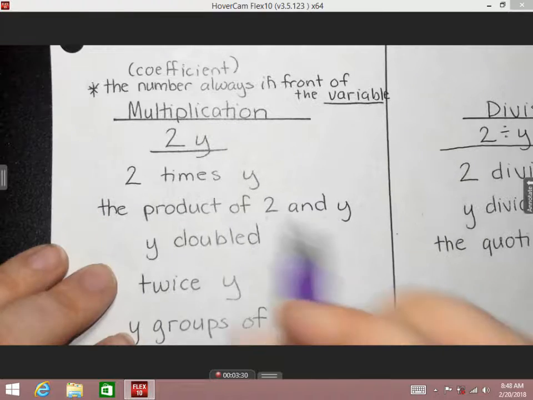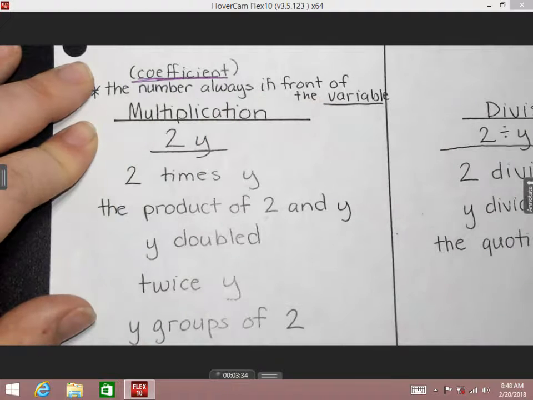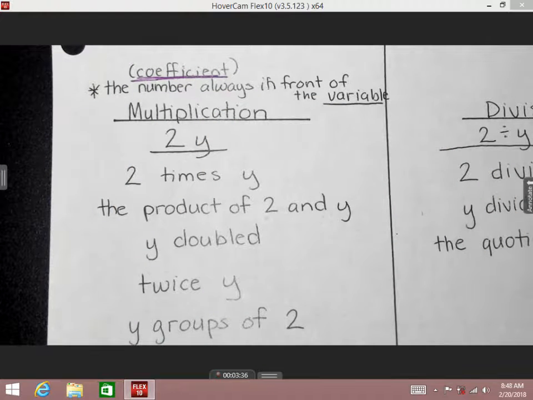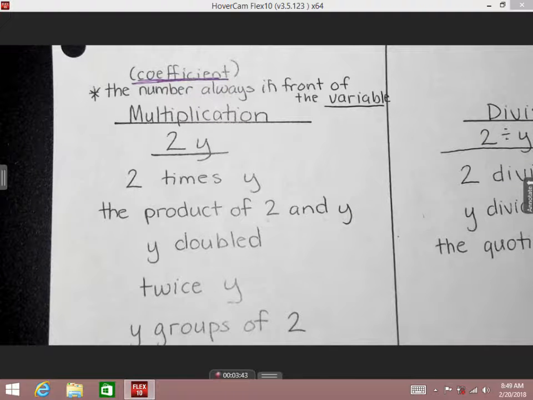Multiplication. And this is where we see that word coefficient come into play. Remember, how can I write multiplication? We can use the dot, we can use the x, or we can just put them right next to each other.